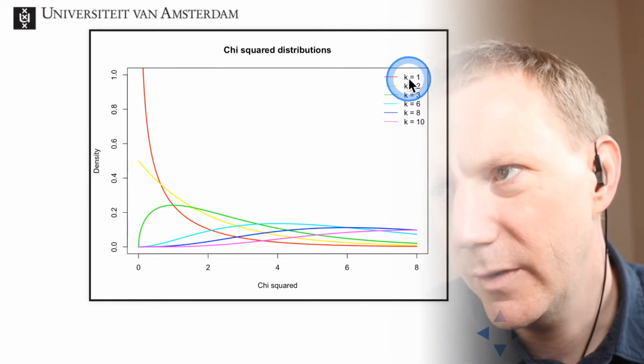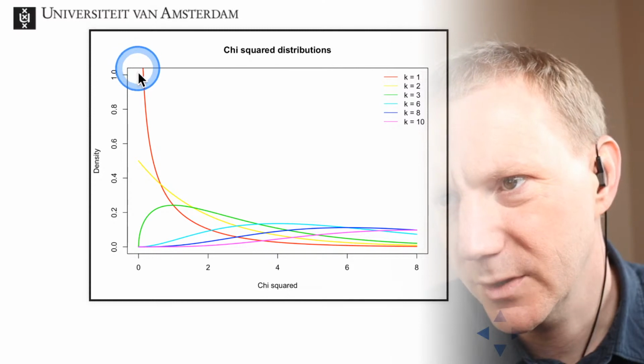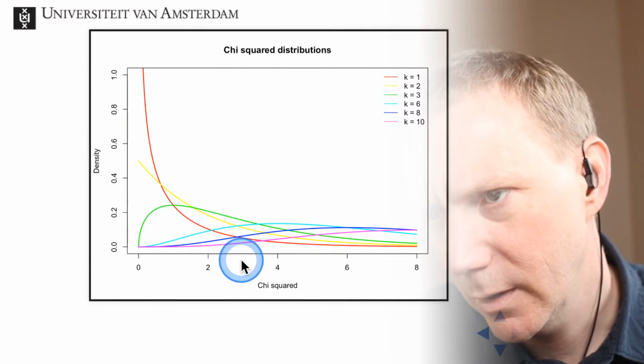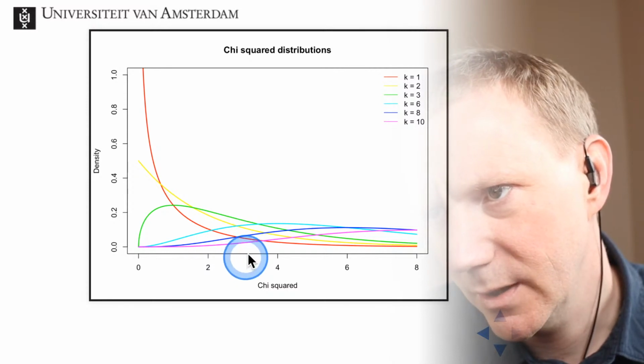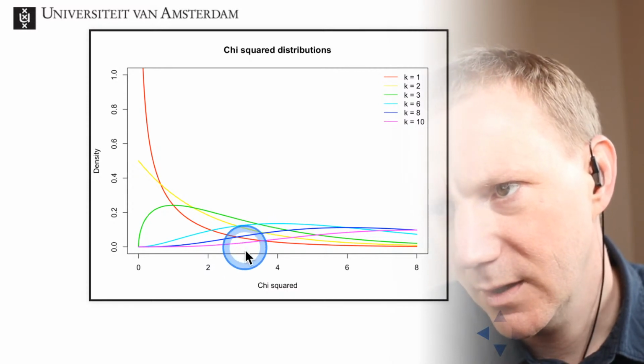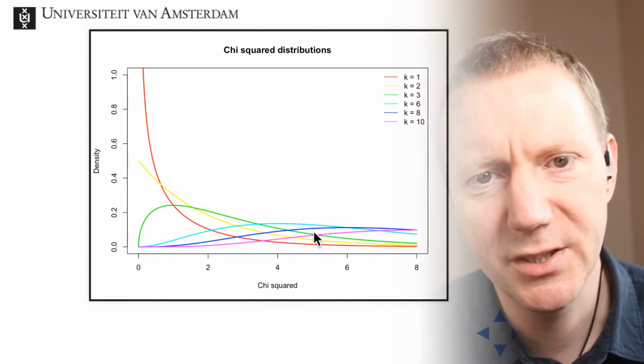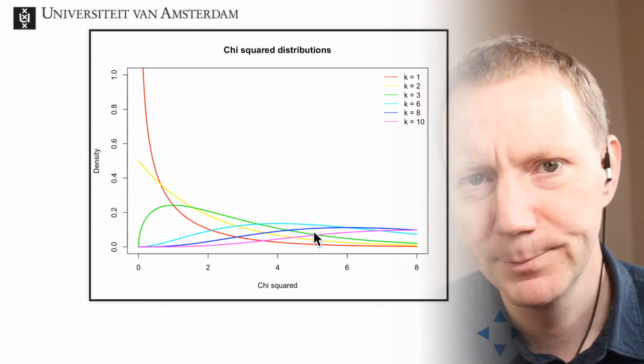Whereas if you have a very low degrees of freedom, for example this red one, even a value of, let's say, 3 is something that does not happen very often. And so what we're seeing here is essentially the null distribution.